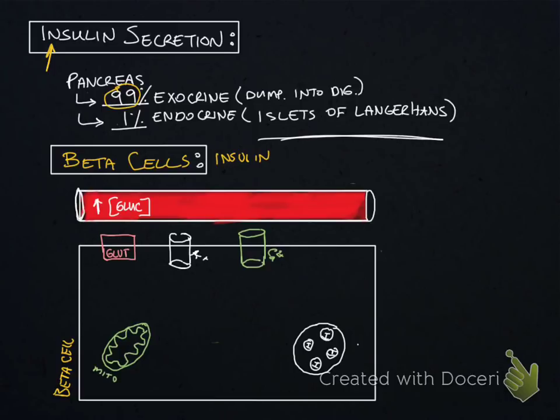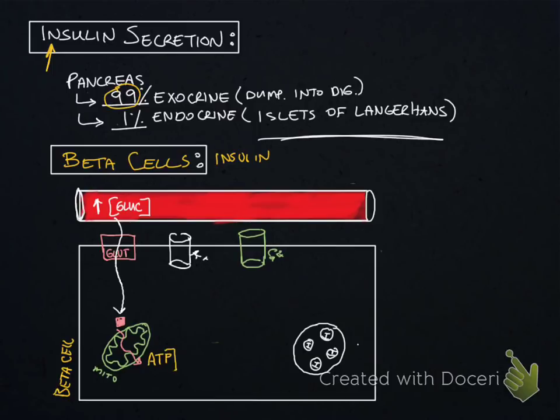So we have high concentrations of glucose in the blood. And when we have high concentrations, it can move down its concentration gradient through a glut transporter into the cell. Now this glucose is going to be utilized by the mitochondria through cellular respiration to make energy in the form of ATP.